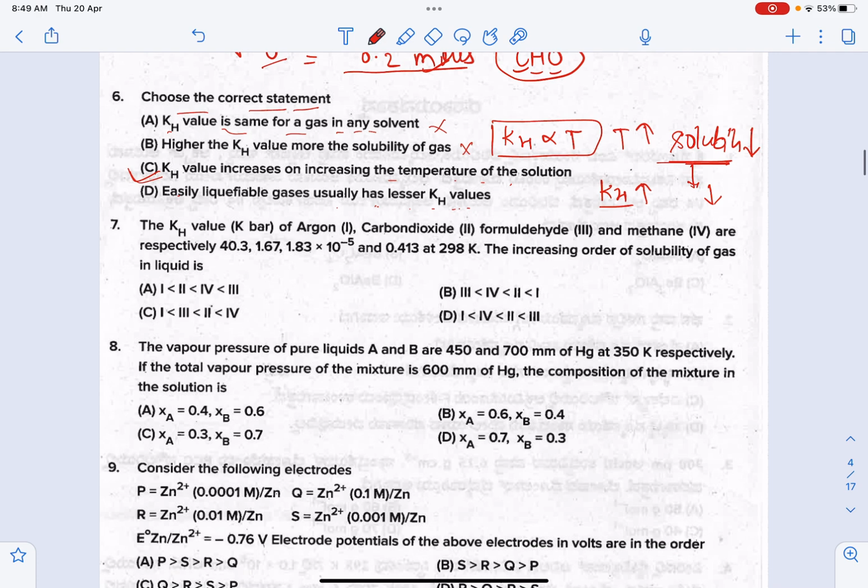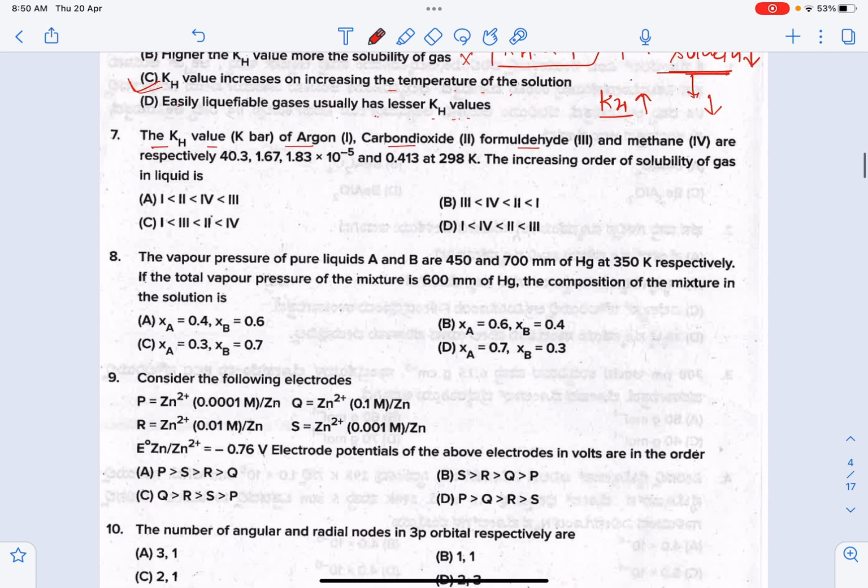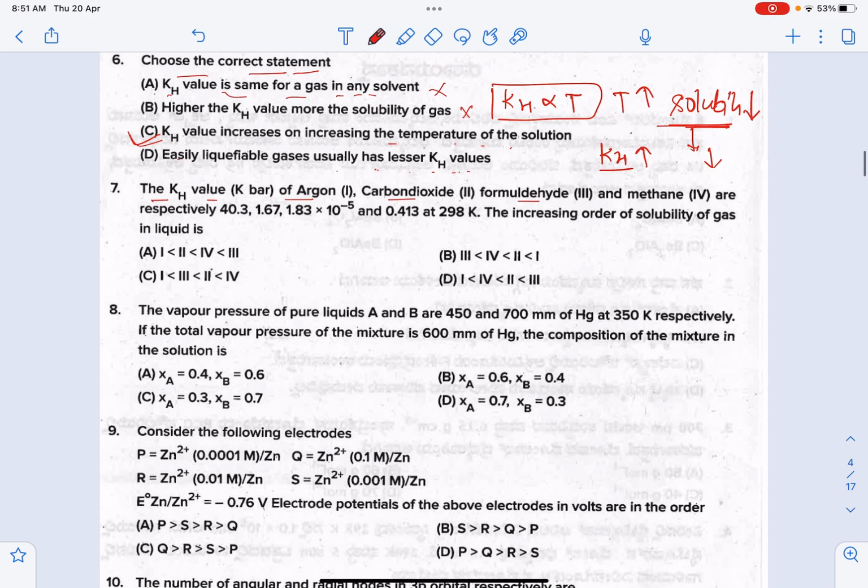Okay, now the next question is the Kh value of argon and carbon dioxide, and third is formaldehyde and methane respectively. The increasing order of solubility of gas in liquid, as I told you, is that if Kh value increases, solubility decreases.